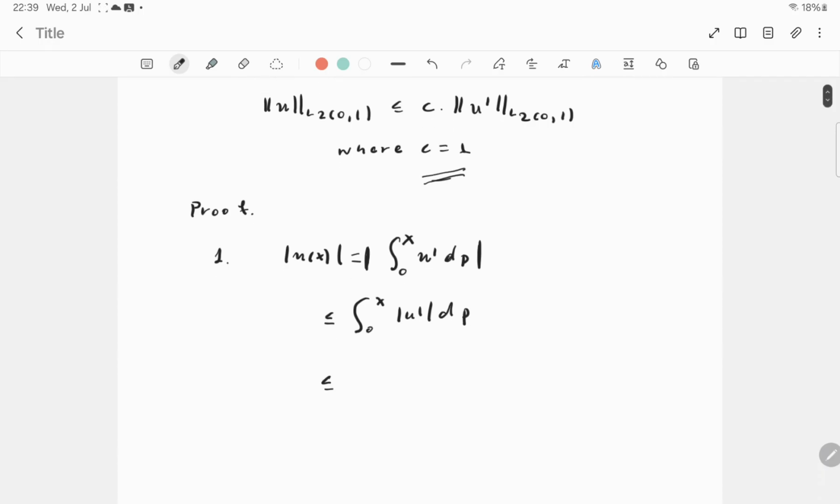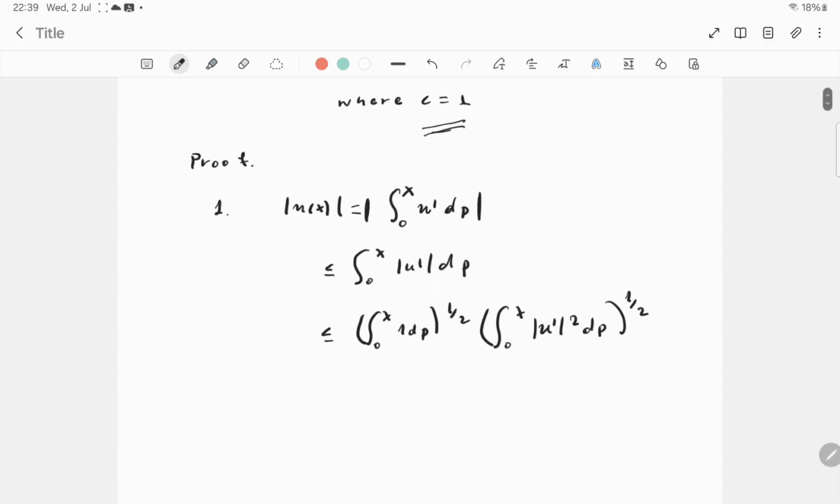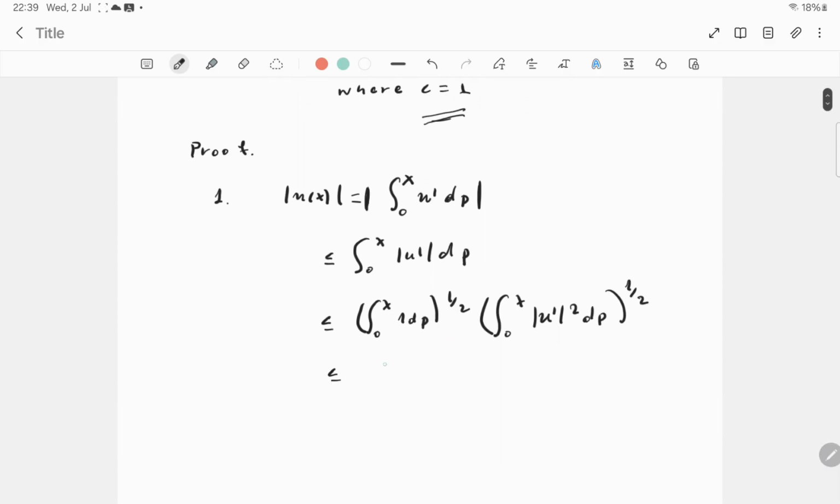And then we can use the Cauchy-Schwarz inequality. So that integral is the square root of x times the norm of u prime in L2 of 0, x.